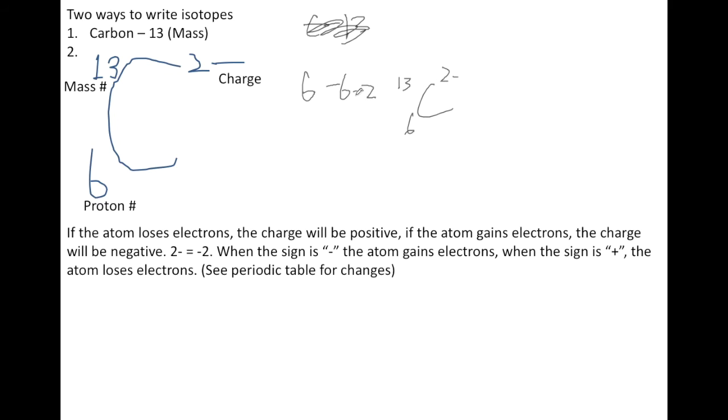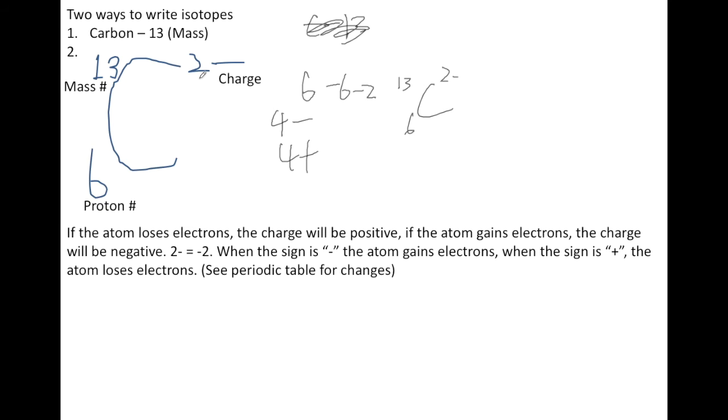This probably won't happen. I meant it as a joke. The normal charge for carbon is going to be 4 negative or 4 positive, the general charge for the group 4A.